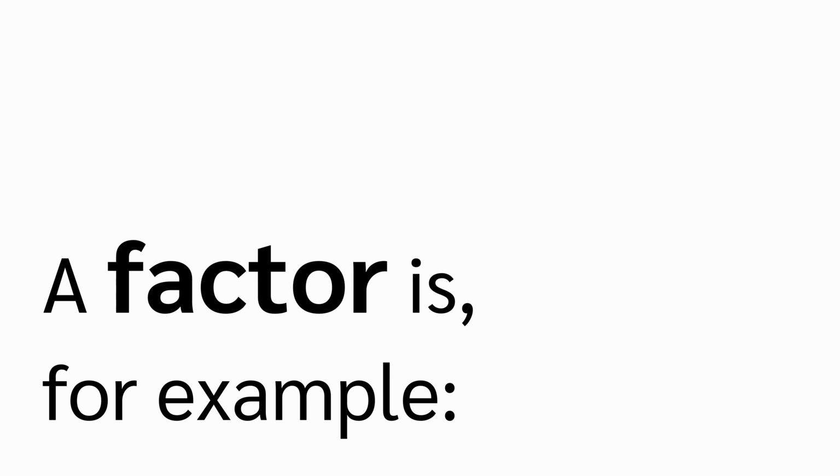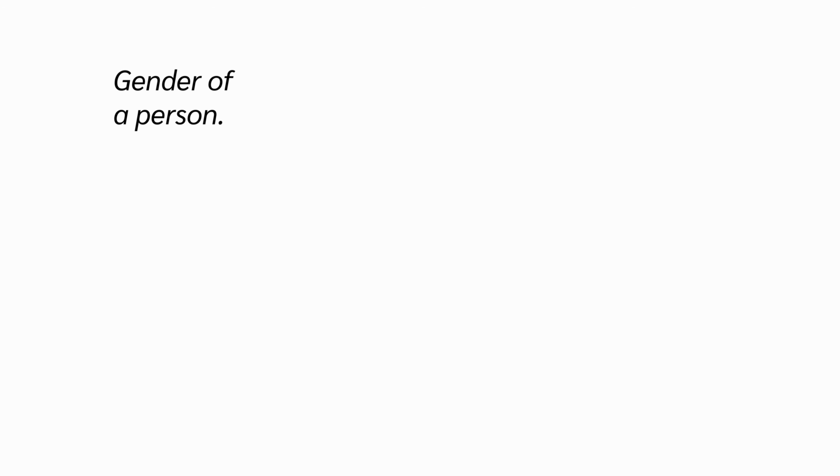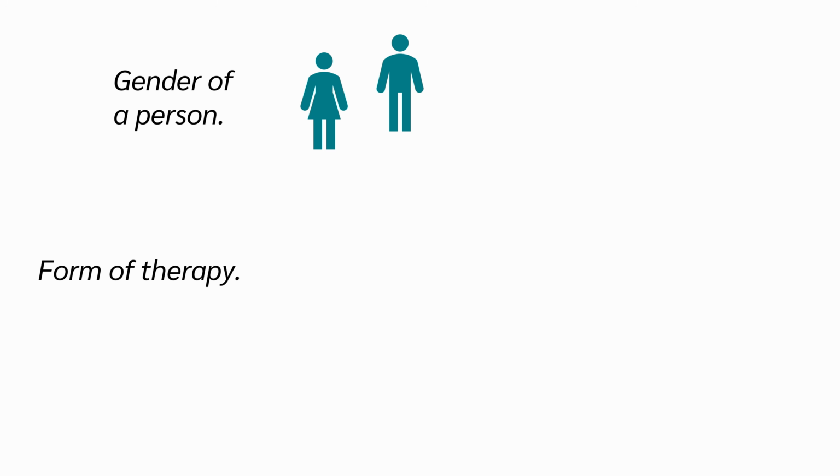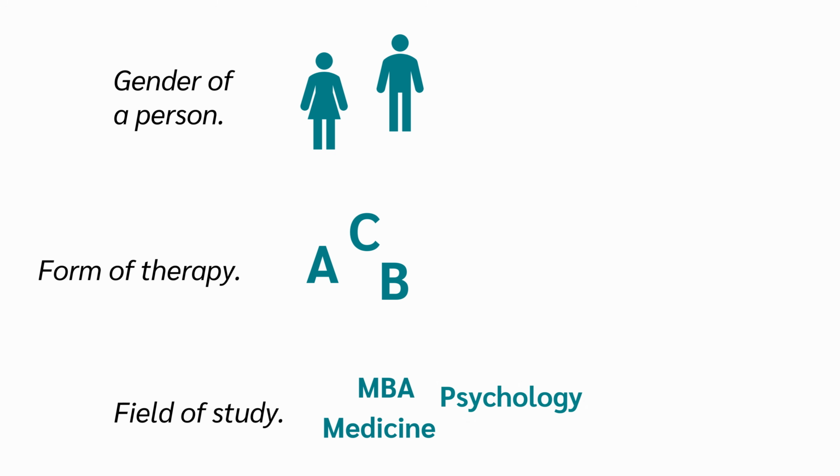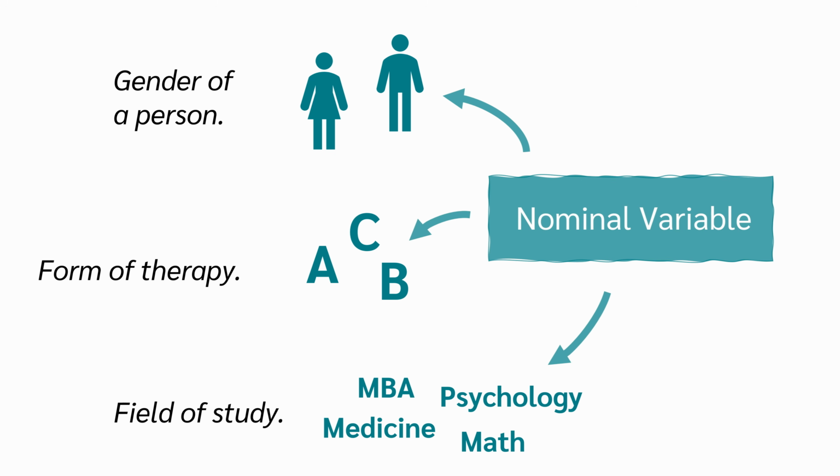A factor is, for example, gender of a person with the levels male and female, type of therapy with therapy A, B, and C, or the field of study with medicine, business administration, psychology, and mathematics. In an analysis of variance, a factor is therefore a nominal variable.